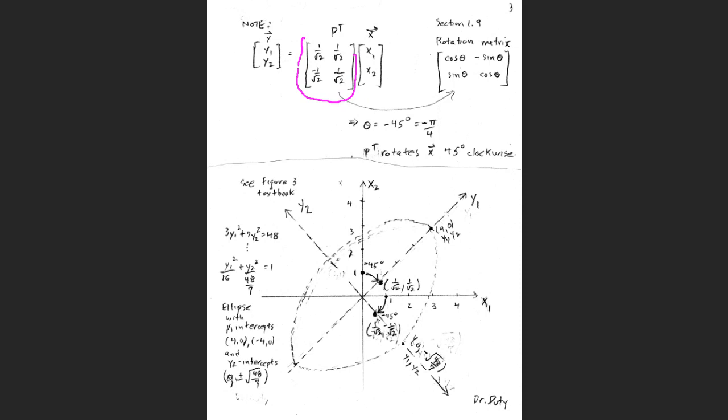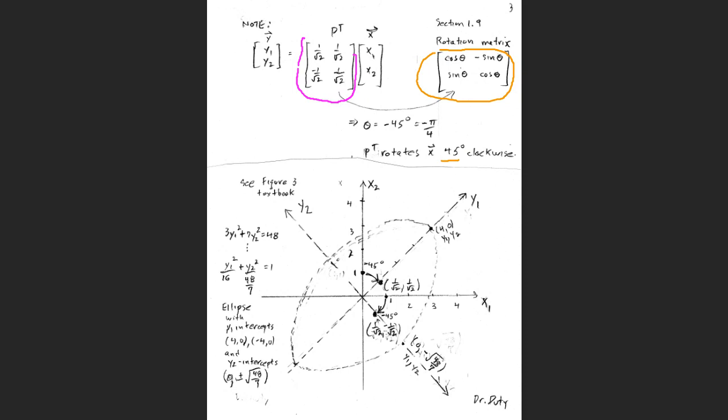If you look at section 1.9, in example 3, they show a transformation matrix. The transformation matrix is of this form here. And this corresponds to rotating a coordinate or a vector 45 degrees counterclockwise.